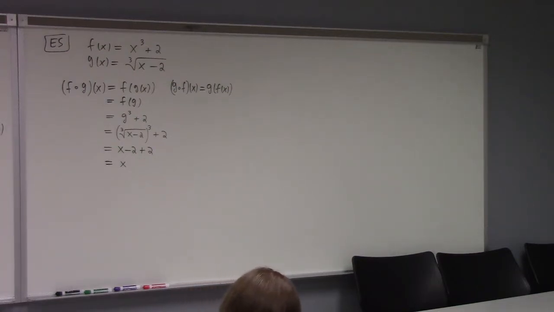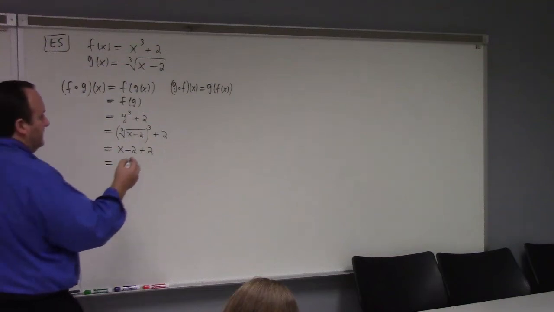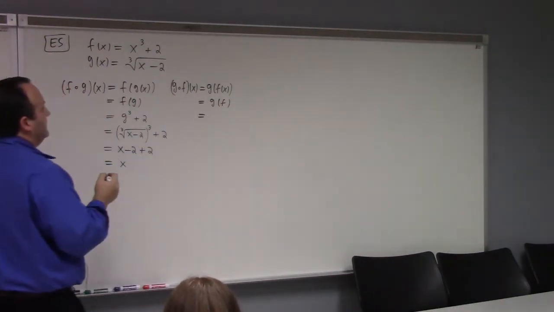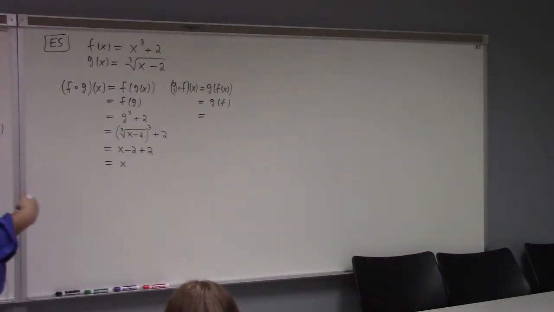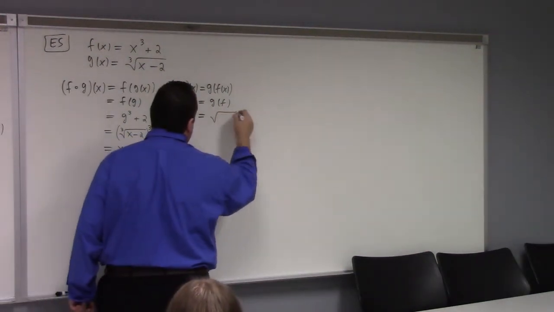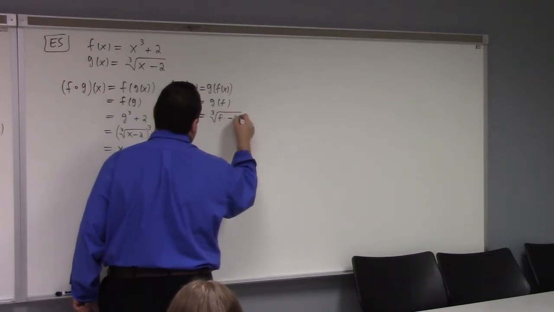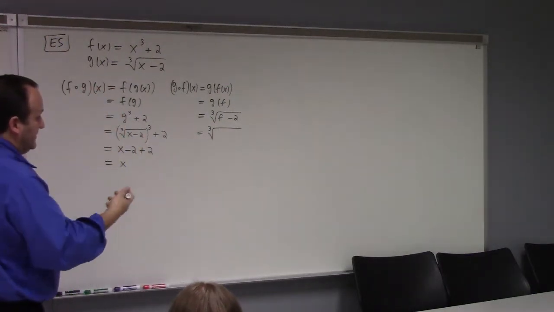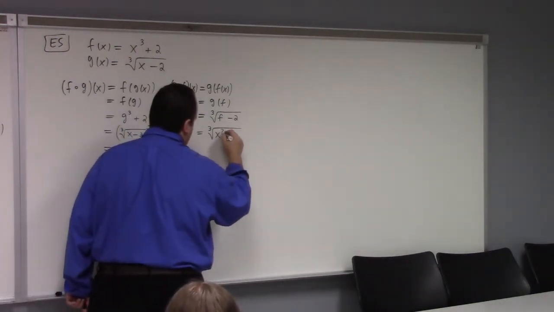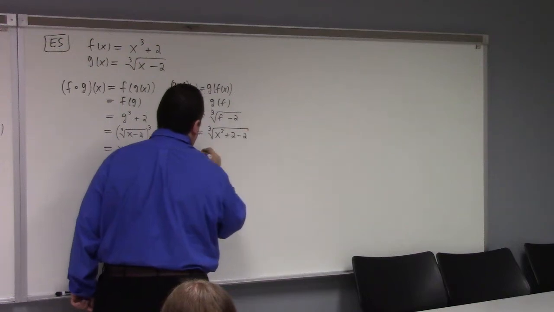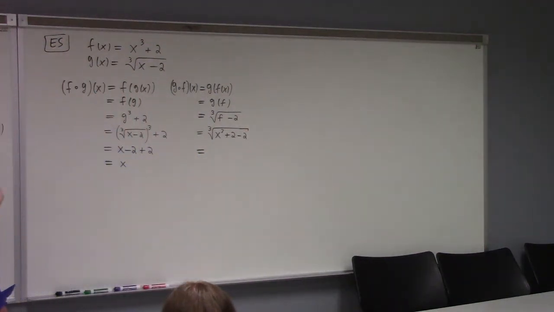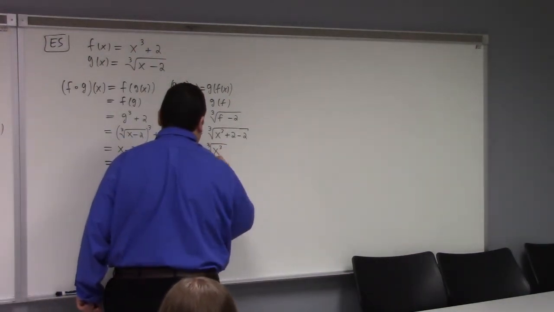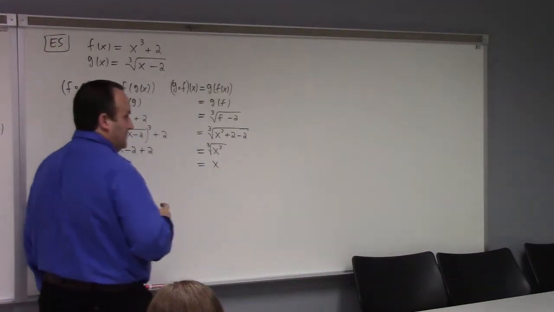All right. And the other composition, I'd have g of f. The formula for g is the cube root of the input minus 2, right? So I do cube root of f minus 2. But that's the cube root of x cubed plus 2 minus 2, which is the cube root of x cubed, which is, well, x again.